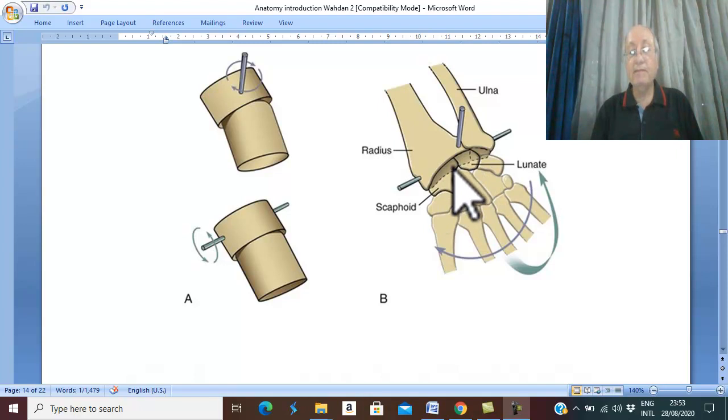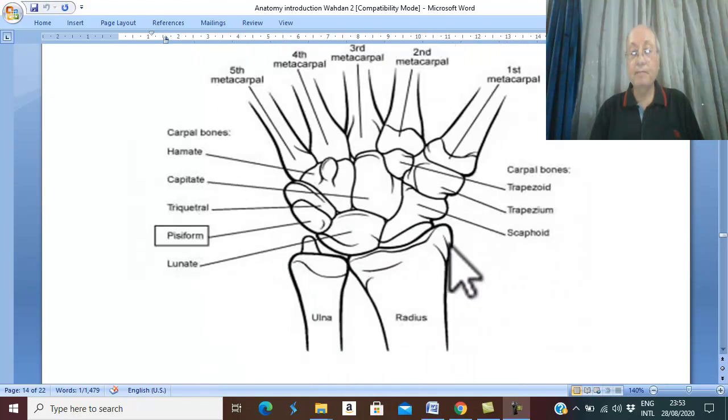Convexity of these bones. These small bones in the hand are called carpal bones. The carpal bones form a convexity.